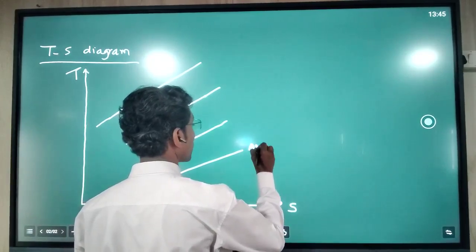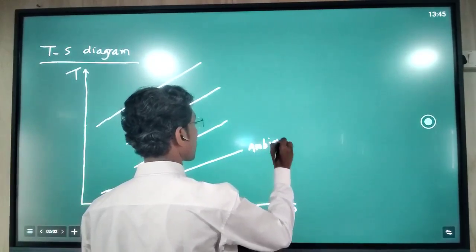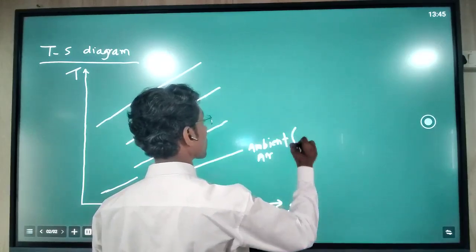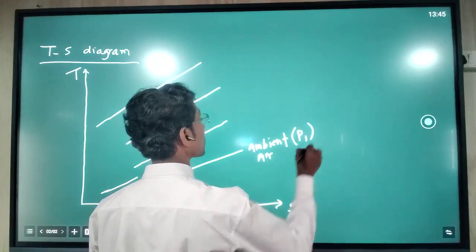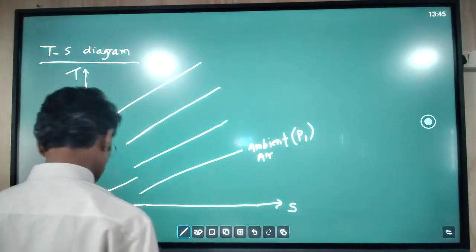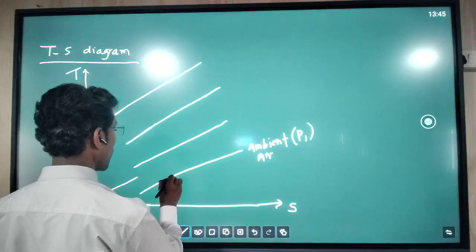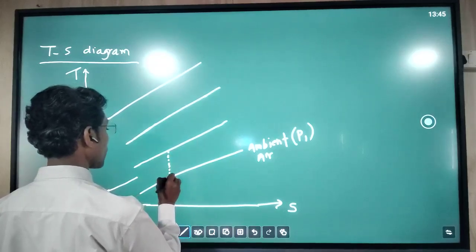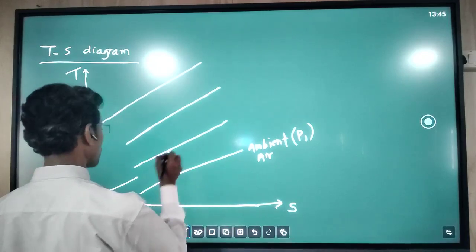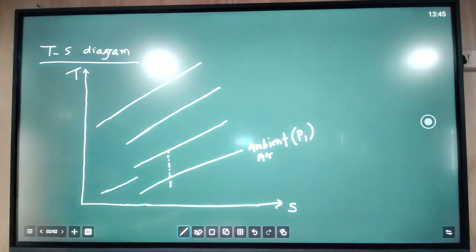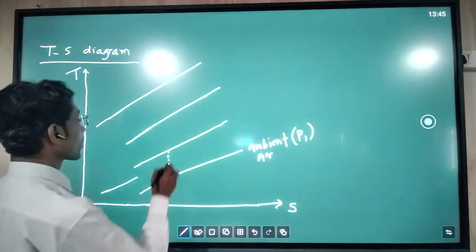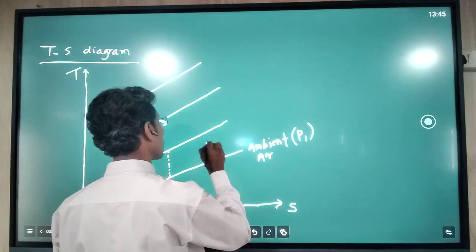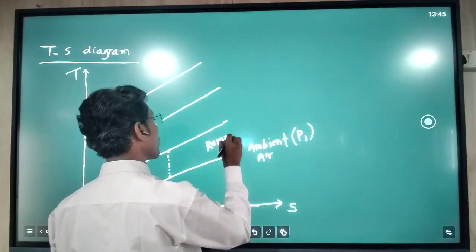This is ambient air, and here the condition is P1. From point number 1, it is an isentropic process, the ramming process, that is 1 to 2. So from 2, this will be the ramming operation.